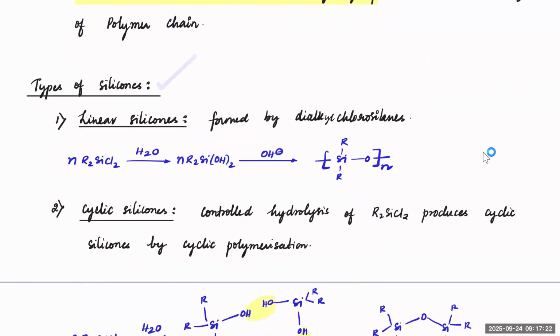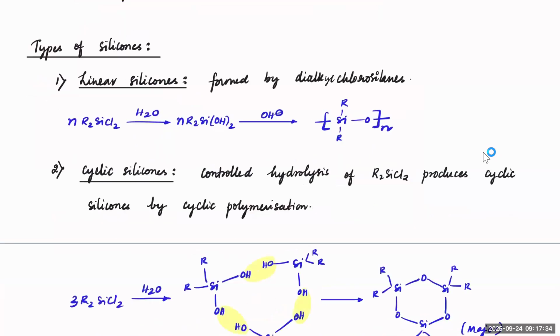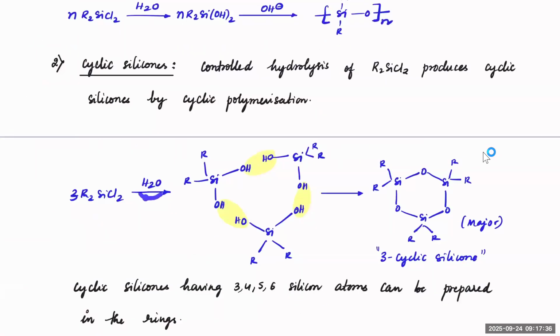Next, the types of silicones. What are the types of silicones? If I take R2SiCl2 and you extend it polymerically, it will form linear silicones. That's what I told you. At the same time, if you use a limited amount of water, that means controlled hydrolysis is done with high pressure, then water molecules can be removed within the molecule and convert into a cyclic structure.